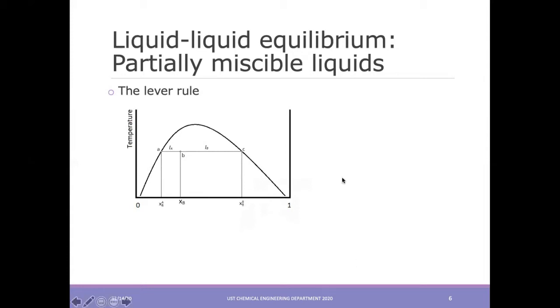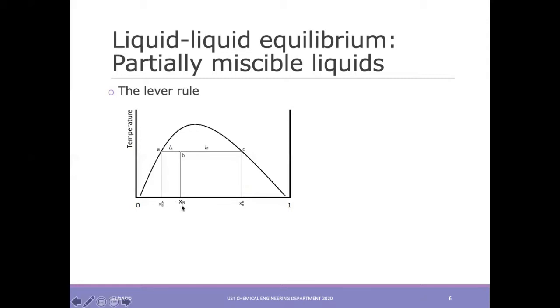we have a partially miscible liquid system that has an upper critical temperature. So let's say this is temperature. By the way, most of the graphs here refer to temperature versus mole fraction since solubility is very dependent on temperature.